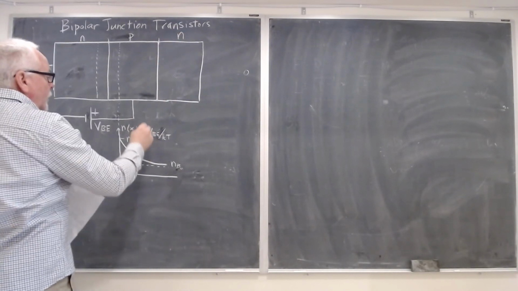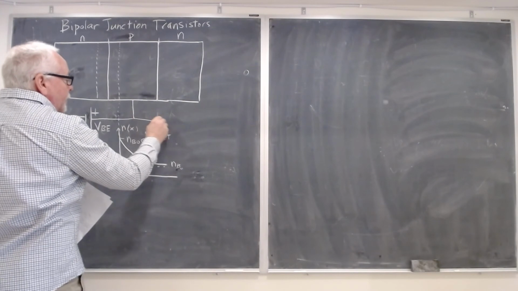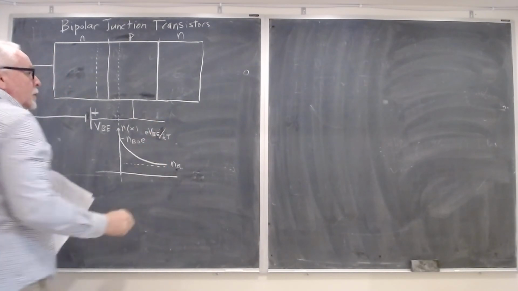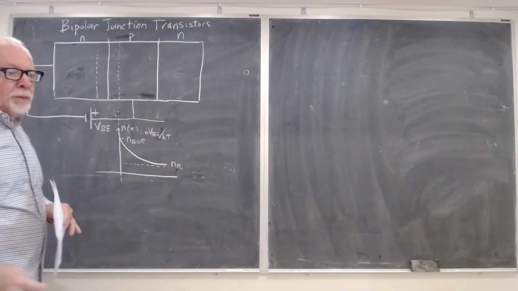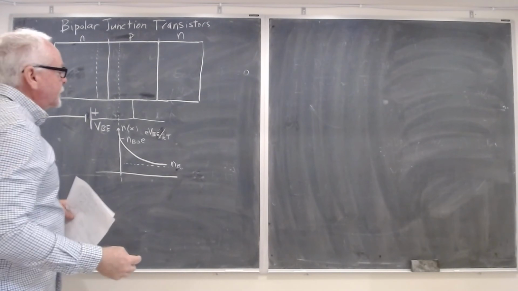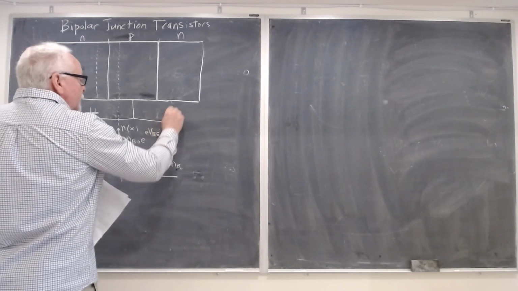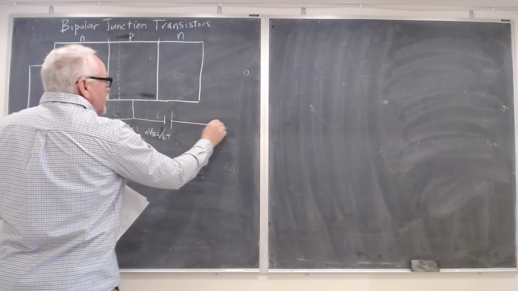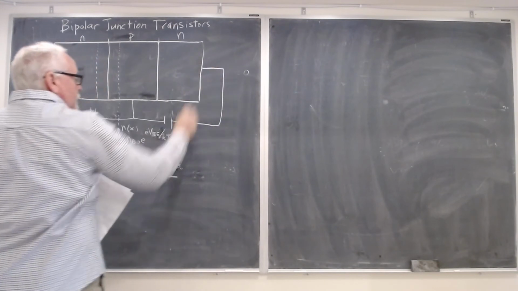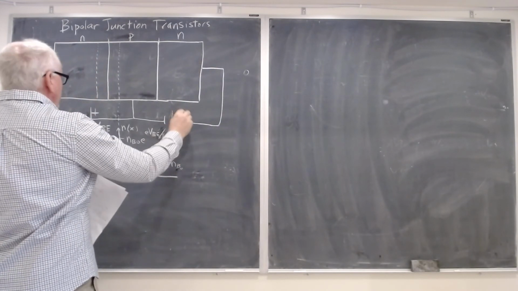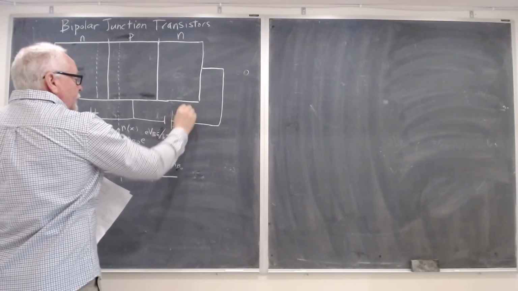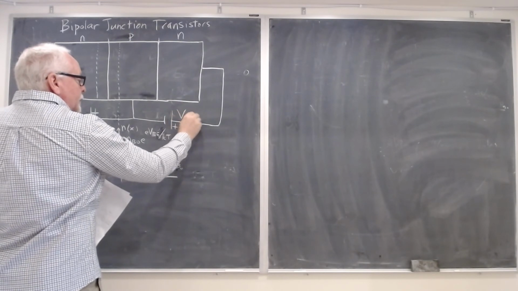And what we're going to do to that junction is reverse bias it. Again, your mnemonic: forward bias means a positive on the P side, so reverse bias means positive on the N side. And we're going to call that VCB.